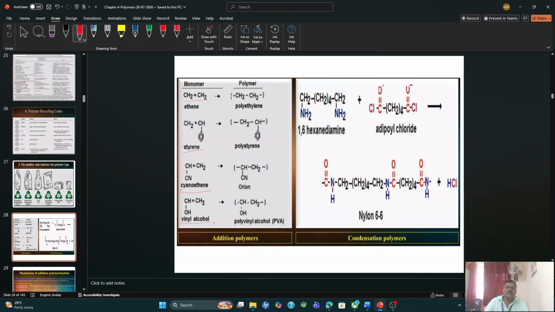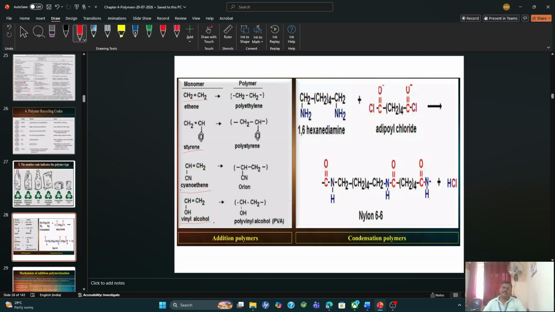So when we use ethene, we get the polymer by addition mechanism, that is polyethylene. When we use styrene, we get polystyrene. When we use cyanoethene, we get Orlon. When we use vinyl alcohol, we get polyvinyl alcohol. It is a polar polymer, a water-soluble polymer.